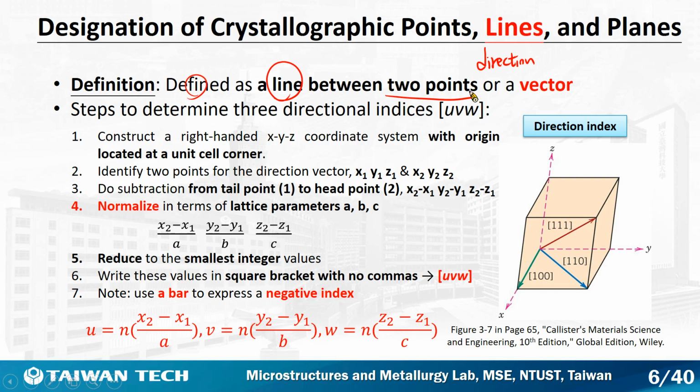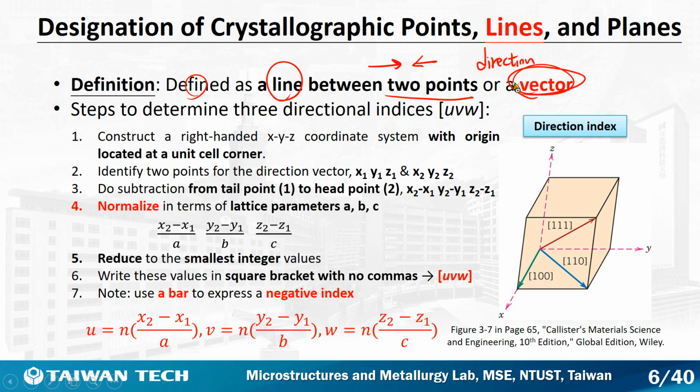A line is 1 dimension, and we need at least 2 points to make it aligned. For this directional index, we use a vector. For different directions, for example from left to right and from right to left, the magnitude is the same, but the direction would be opposite. So that's just the concept for a vector.